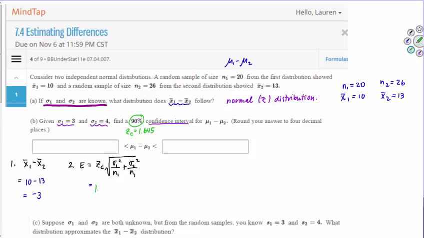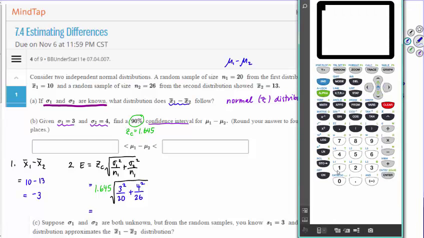We'll substitute that into the formula, 1.645 times the square root of the population standard deviation of sample 1 squared divided by the sample size of sample 1, which is 20, plus the population standard deviation of the second sample squared divided by the sample size of the second sample, 26. We'll cook up that number.